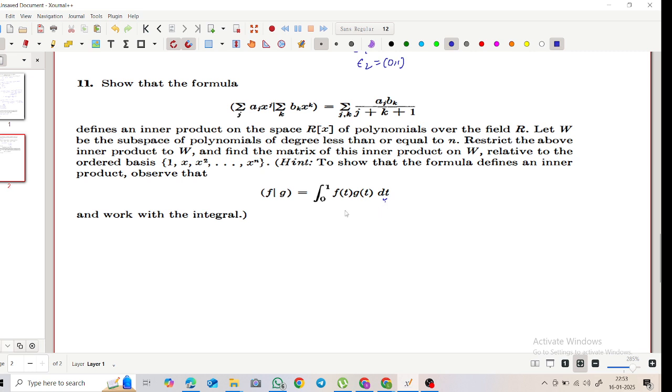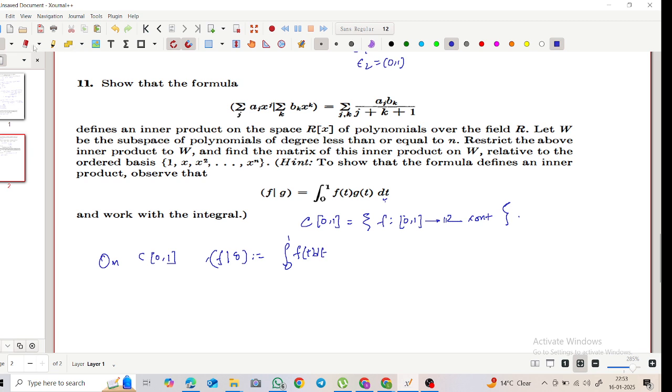We have already seen that if C[0,1], that is the vector space of all continuous functions from [0,1] to R, then on C[0,1] the inner product defined by the integral from 0 to 1 of f(t)g(t) dt, we have already seen that this is an inner product, right?